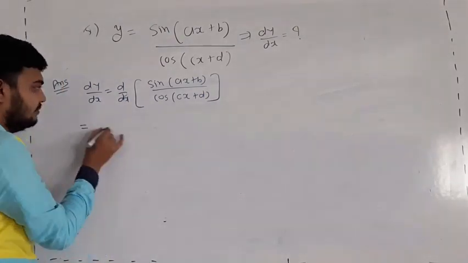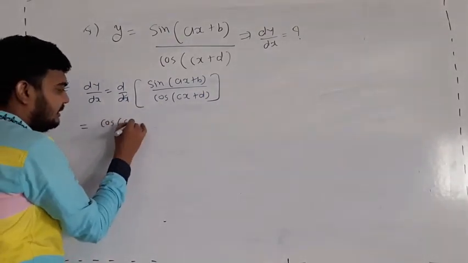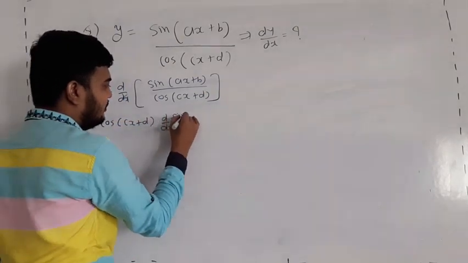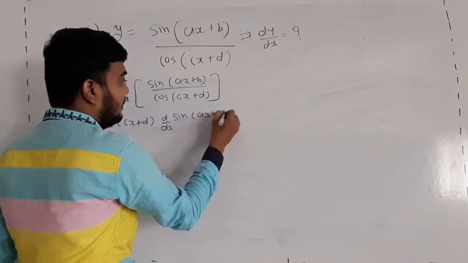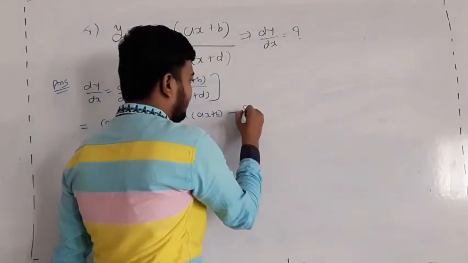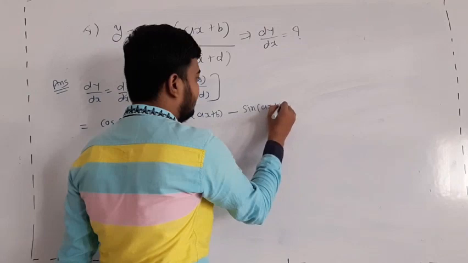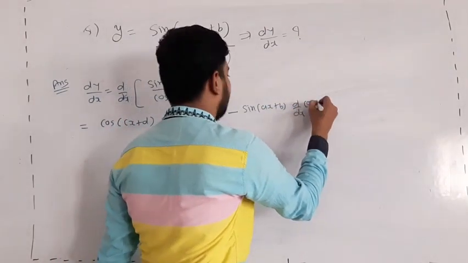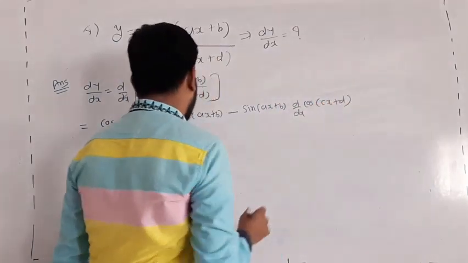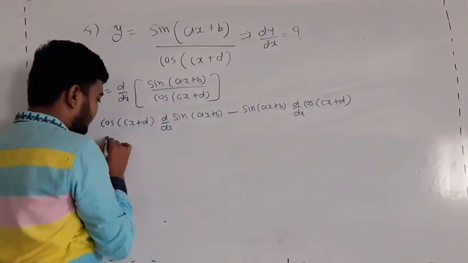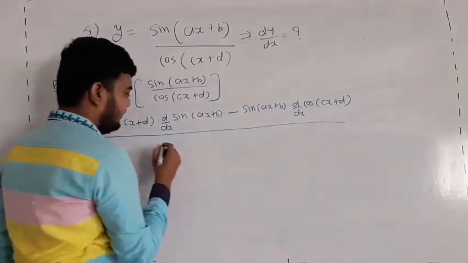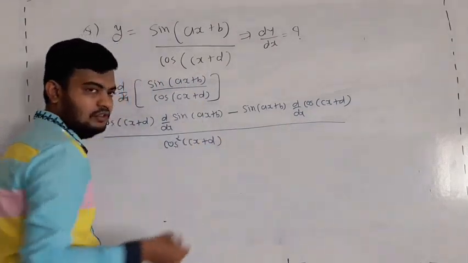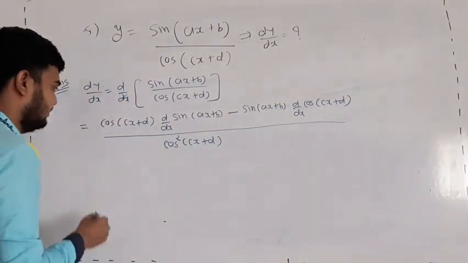The division rule is: denominator as it is, differentiation of numerator, minus numerator as it is, differentiation of denominator, and this whole thing divided by the square of the denominator. Okay, it is the division rule.